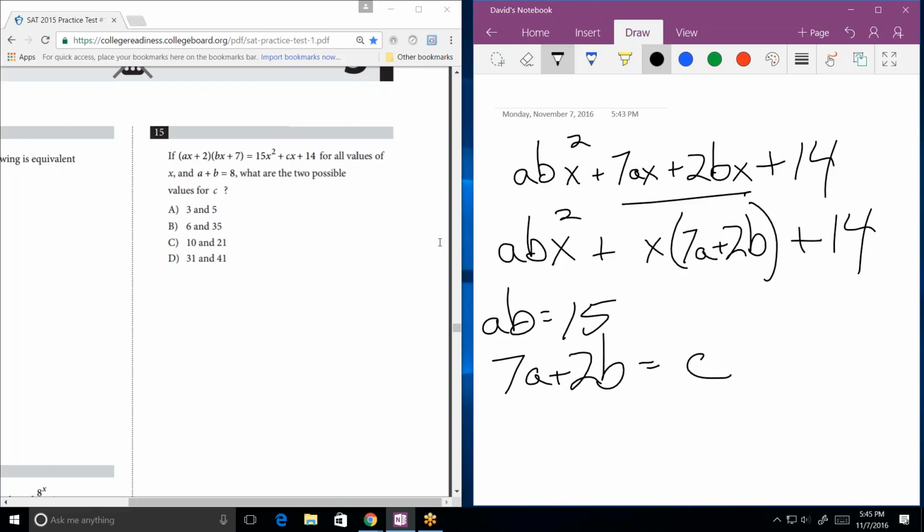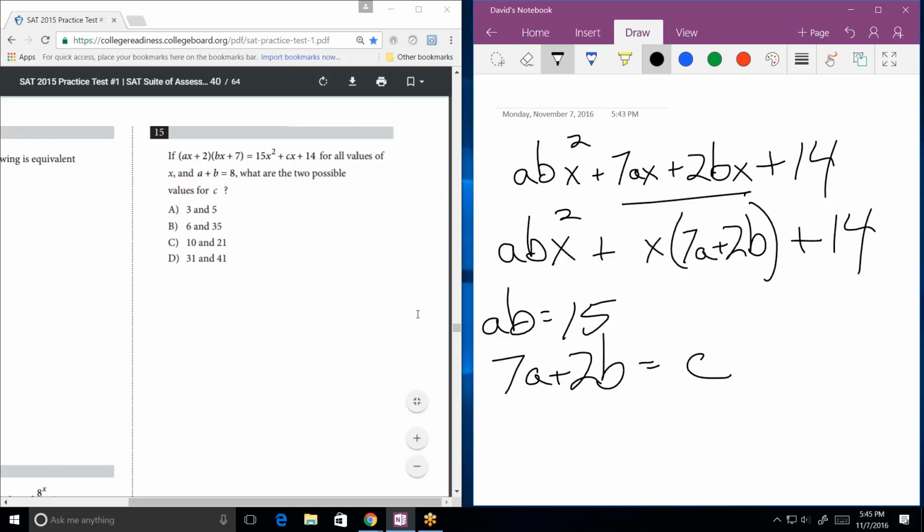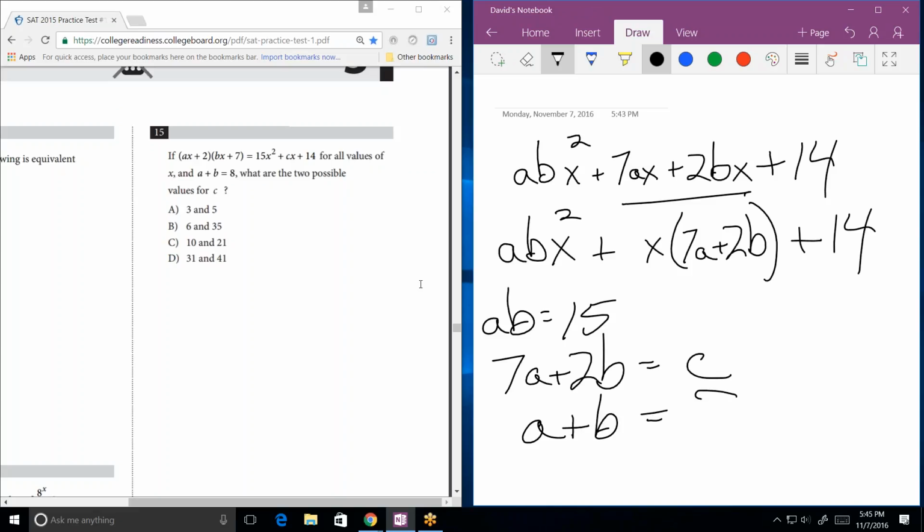And 14 equals 14. And the fourth equation is a plus b equals 8. Well, notice that I've got 3 equations and 3 unknowns. What that tells me is I'm going to be able to solve it for c.